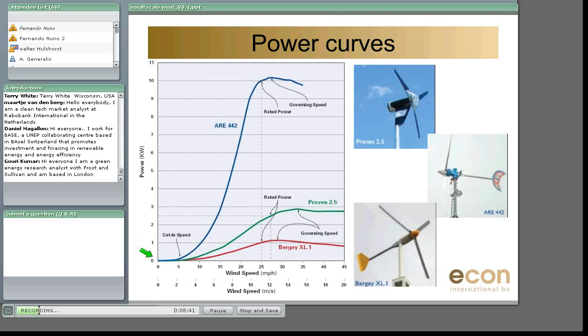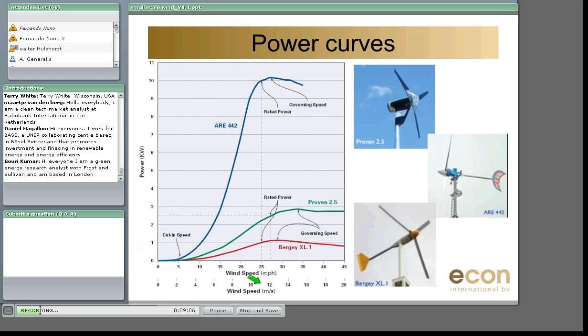You will also notice that at a certain wind speed the output will be the rated output. This type has an output of 10 kilowatts, but you will see that the output is only 10 kilowatts when the wind speed is about 25 miles an hour, or let's say 11 meters per second.